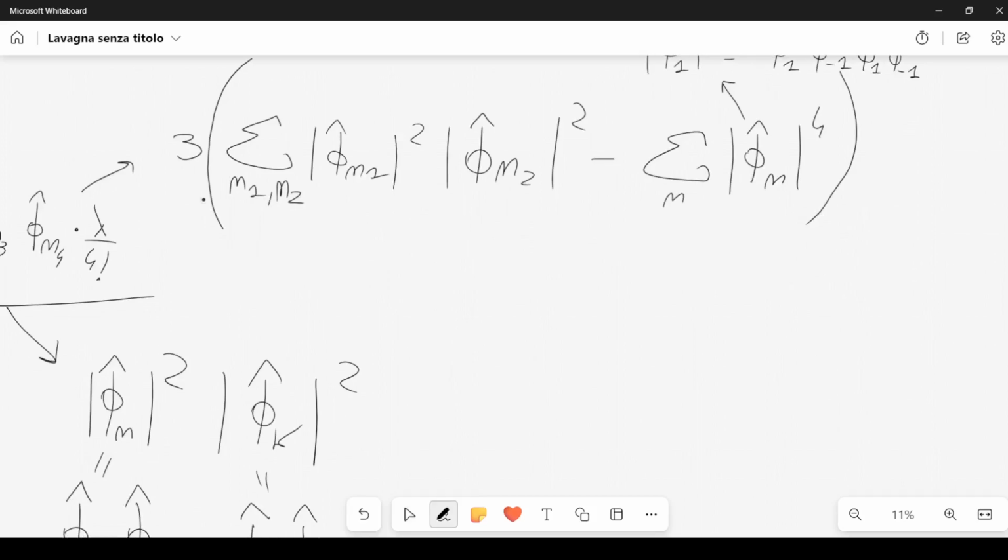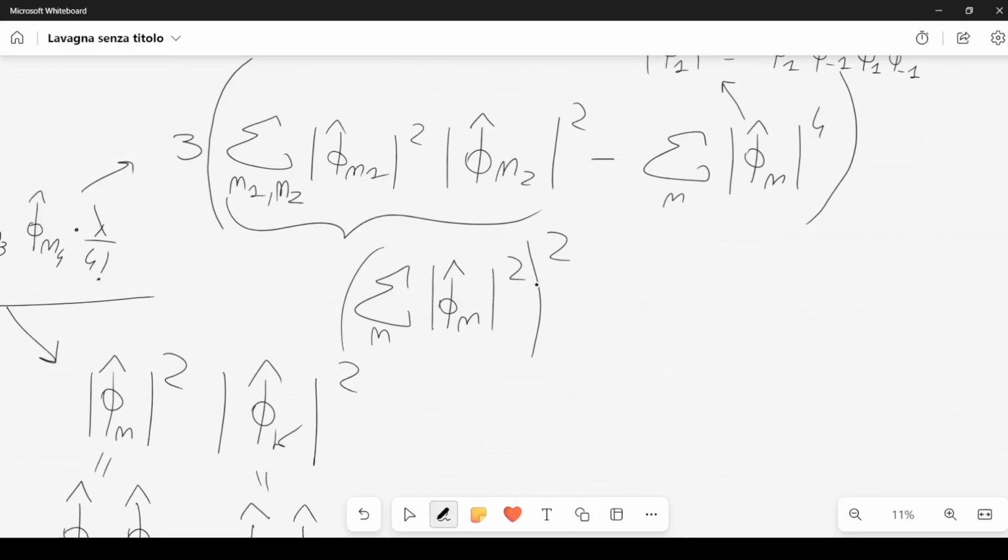And this summation can also be written as summation over just one index n of mod phi hat sub n squared, and then we square it, right? Because this single summation that I've written like this is actually a summation over n1, and then I have also a summation over n2.